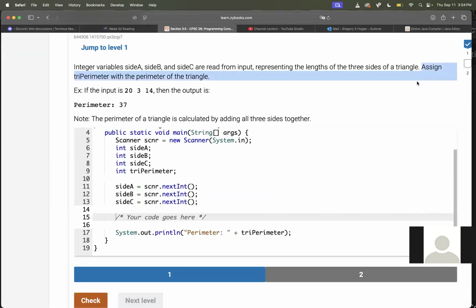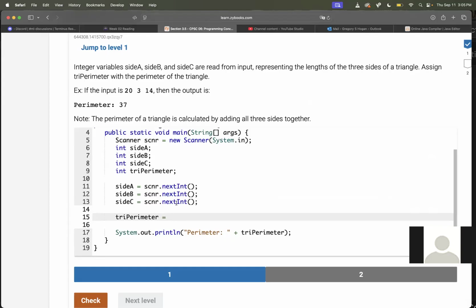Assign triperimeter with the perimeter of a triangle. So the perimeter means the distance around. So we need to just add those together. Okay. So it says assign triperimeter. So that's triperimeter. I can copy paste it from up here to make sure I spell it right, but triperimeter.